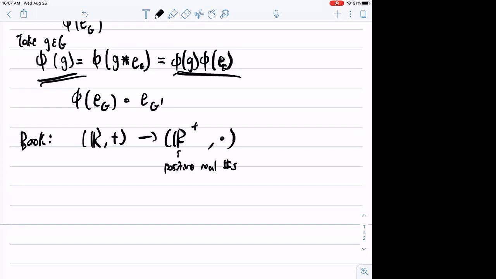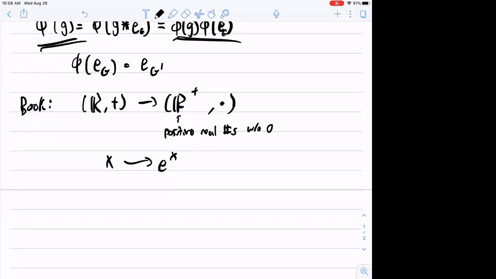Again, this is without zero, because there's no multiplicative inverse for zero. You can't multiply zero and get one, because the identity on the right hand side is one. And the map is x goes to e to the x.